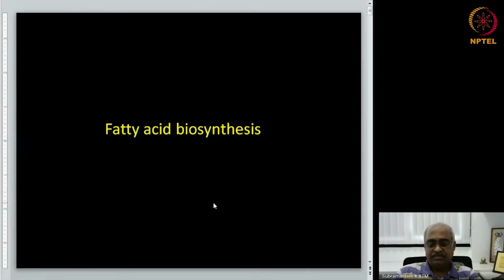Okay, and in this particular case, it starts with the very first step. In beta oxidation, one of the main regulation points is the transport of the fatty acyl-CoA into mitochondria via the carnitine shuttle, the acyl-carnitine transporter. That step is a critical step, because once it enters into mitochondria, it's destined for beta oxidation.